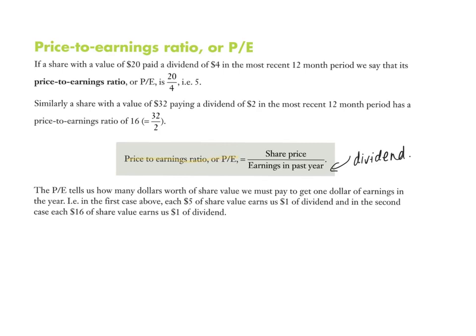Now, obviously with this, the lower the price to earnings ratio, the better, because it means you're paying out less and getting more value in return. However, you have to be careful in saying that makes it a better share and they're the ones you should invest in. Of course, maybe initially they're the ones you should invest in, but in the long run, you're looking at companies that are going to expand over time.